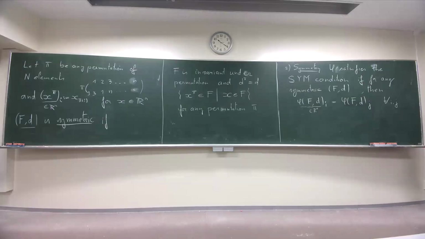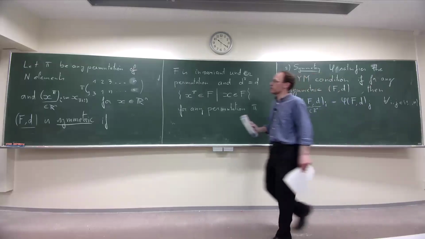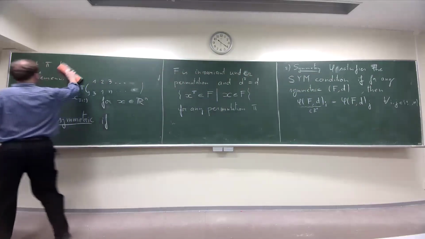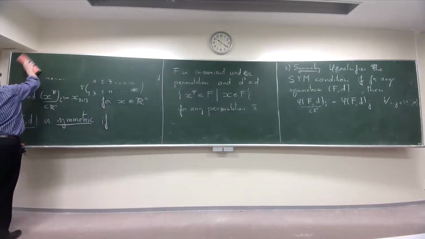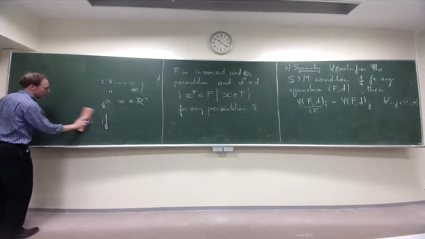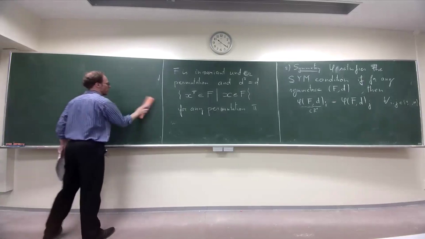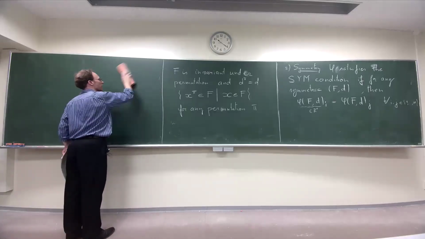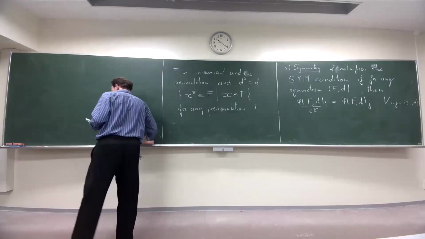Take its component i, it has to be equal to its component j for any i and j in 1 up to n. So if you start with a symmetric game, the point you get is also symmetric, which is quite natural. Your phi should respect the symmetry. If your bargaining problem is symmetric, then the outcome of phi is also symmetric.